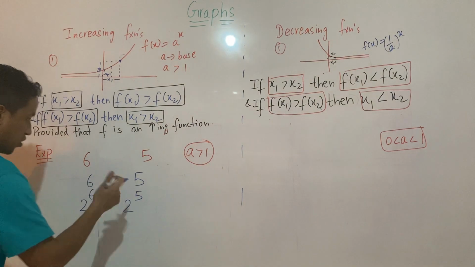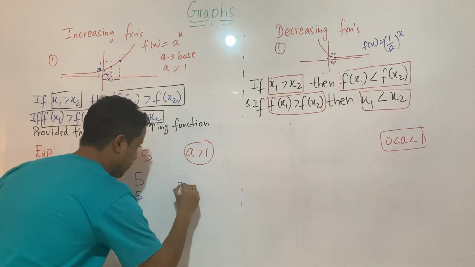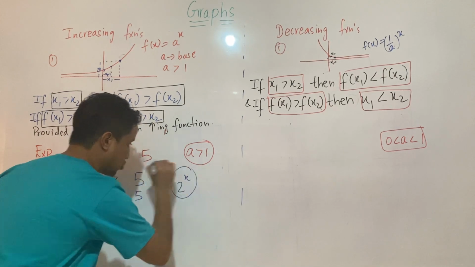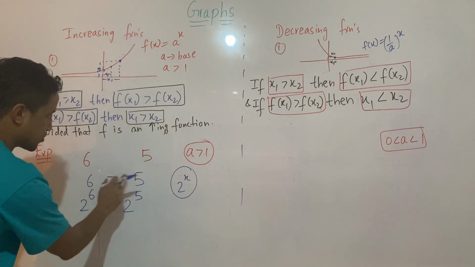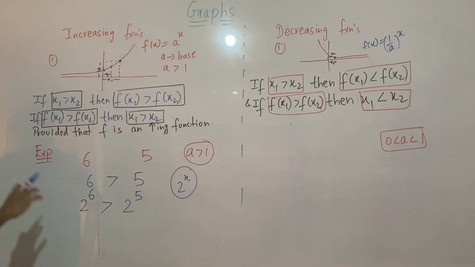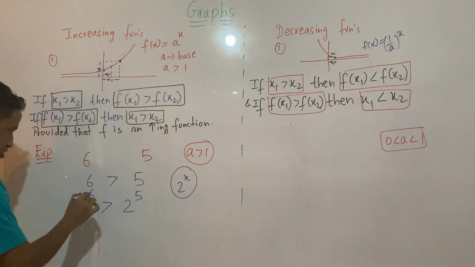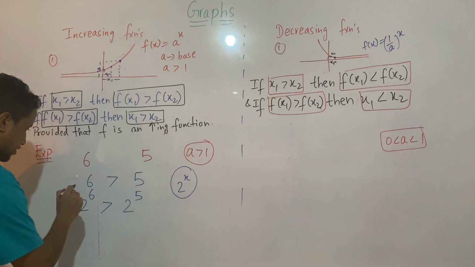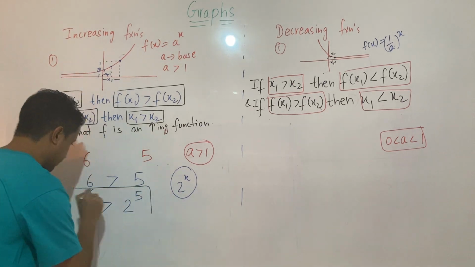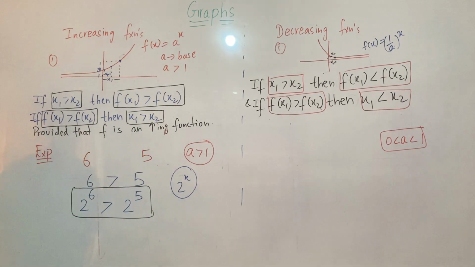Yes, that's true, because here I'm taking the function 2 raised to the exponent x. So if 6 is greater than 5, then 2 raised to the exponent 6 is greater than 2 raised to the exponent 5.